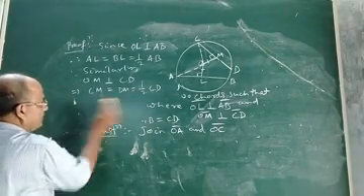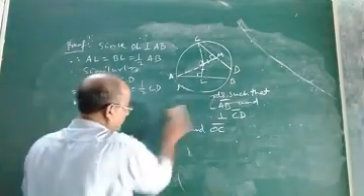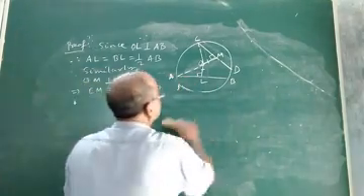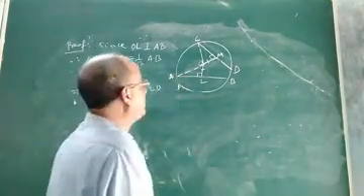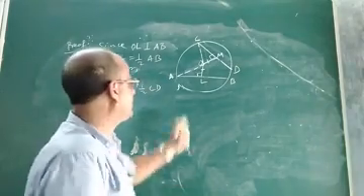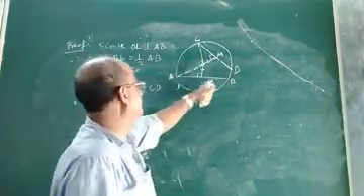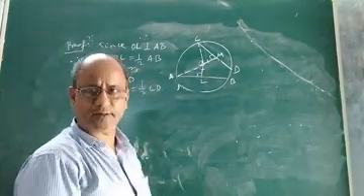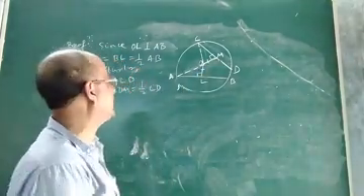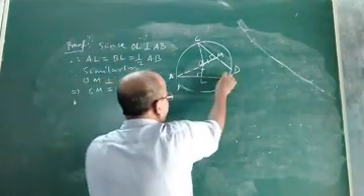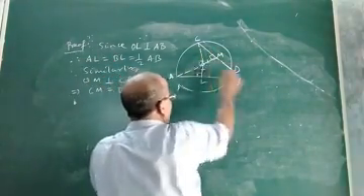Now what will be our next step to prove that AB equal to CD? How to prove it geometrically? Let us see. AL is half of AB, CM is also half of CD.